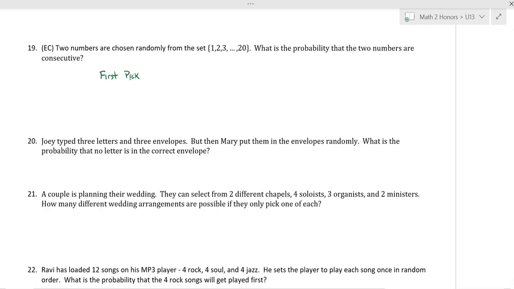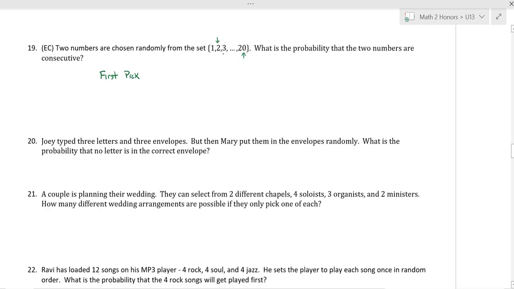2 to 19. And it's important to distinguish those because with 2 to 19, like if my first pick's 2, then I have 2 options for my next one. Like I could pick a 1 or a 3. But if my first pick was a 20, then I only have 1 option. I can't pick 21 because that's not in there. I can only pick 19.